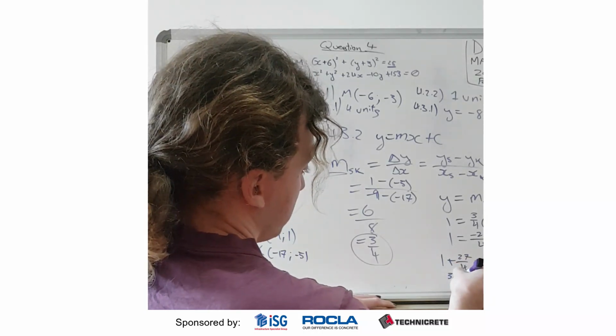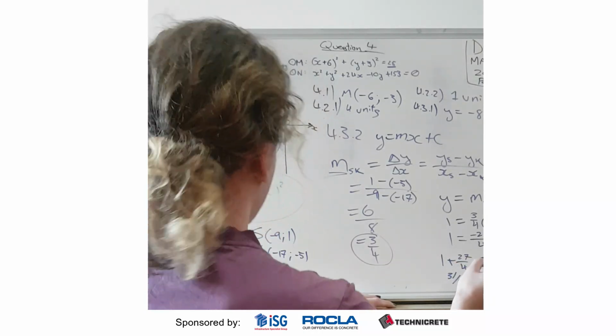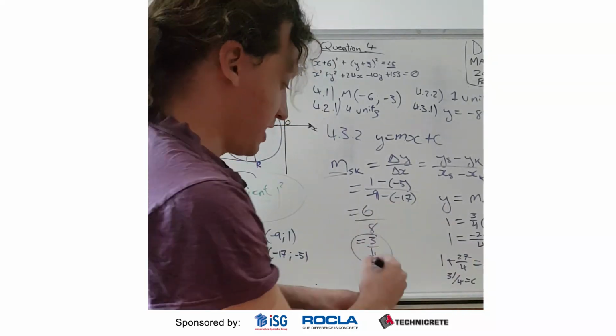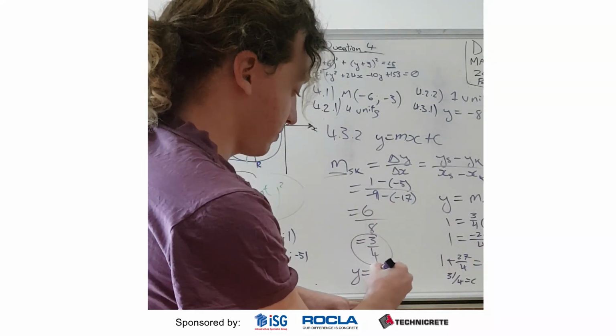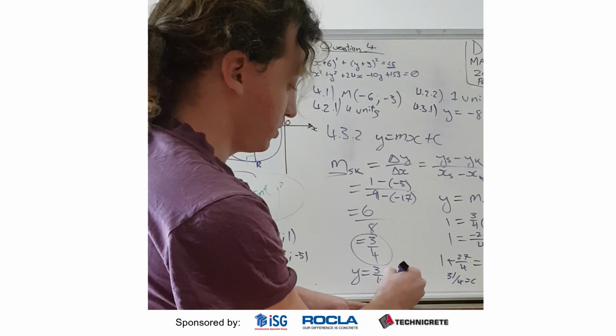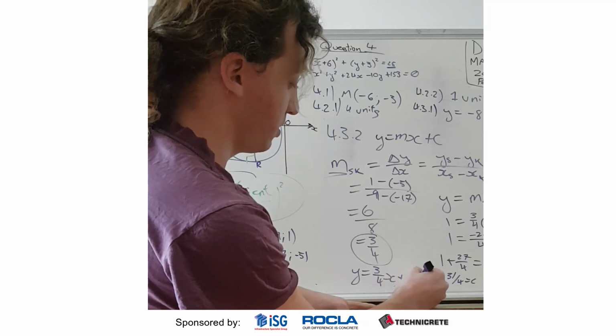So that makes 31 over 4 is equal to C. Again, the same C value as before, so we can say y is equal to 3/4 of x plus 31 over 4.